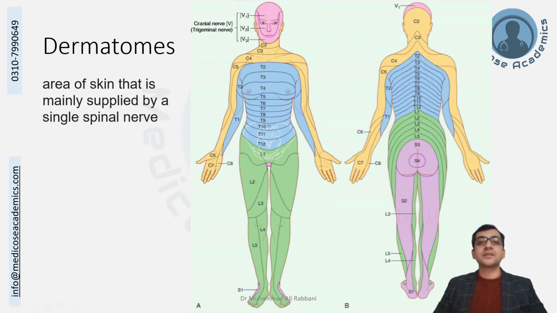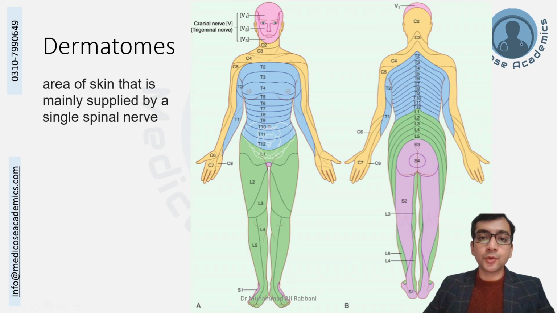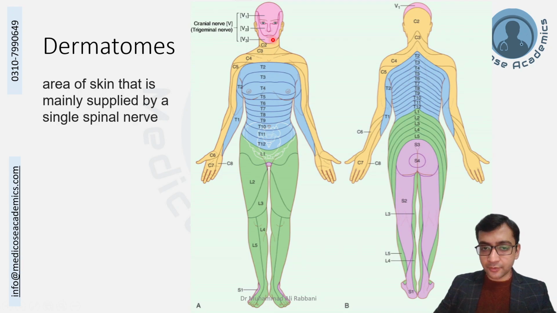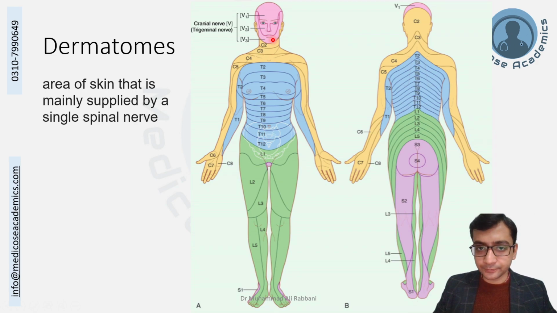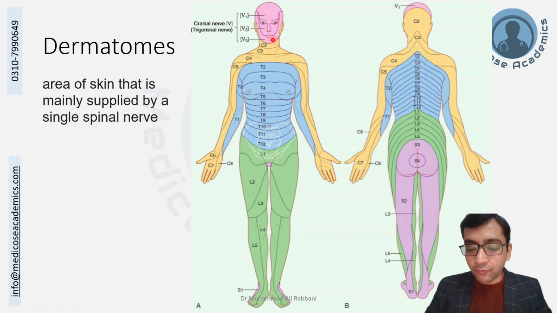Now there is a word, dermatome. Through extensive experimentation and work, scientists have discovered that each spinal nerve supplies a particular segment of the skin that is different from the segment of the next one. So all the area of the skin that is supplied by one particular spinal nerve, one particular spinal segment, is called a dermatome.